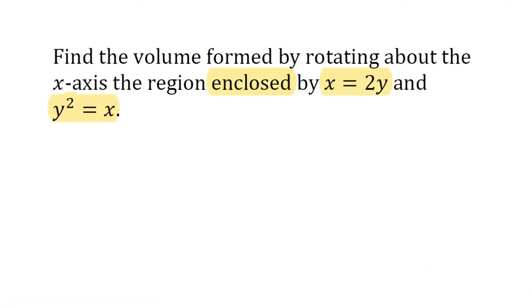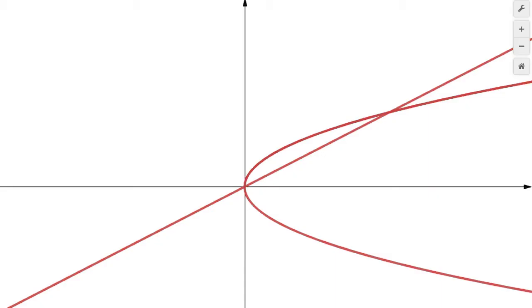So the equation y squared equals x is the one whose graph is the sideways parabola, whereas this straight line is the one having equation x equals 2y.